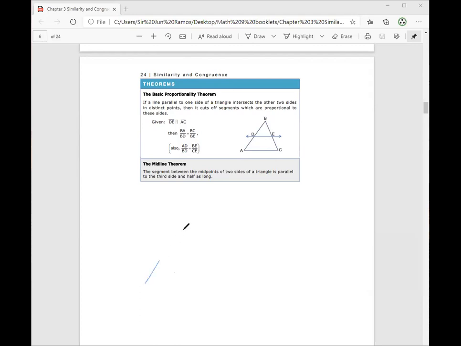Let's say here we have triangle ABC, with vertices A, B, C. And then I have this segment, or the line containing this segment, drawn parallel to the third side here. Then what do we have?